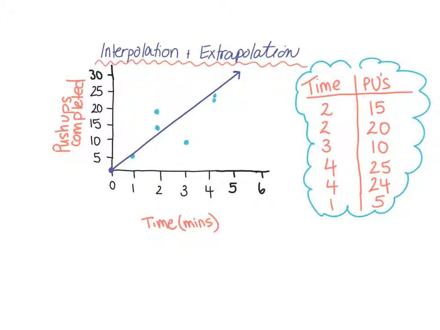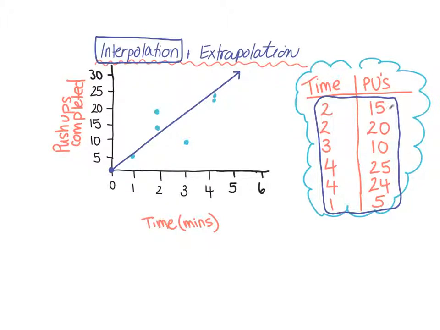So now the words interpolation and extrapolation just refer to when you're trying to make estimates about this scatter plot. If we're interpolating, then that means we're getting some information that's within our points. So kind of like within this table.